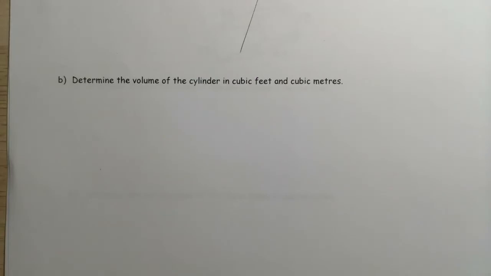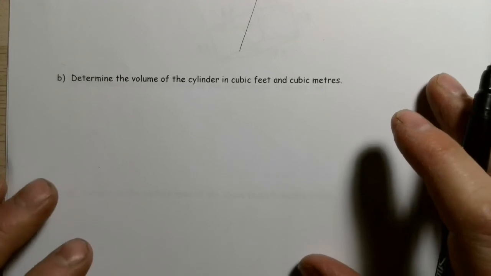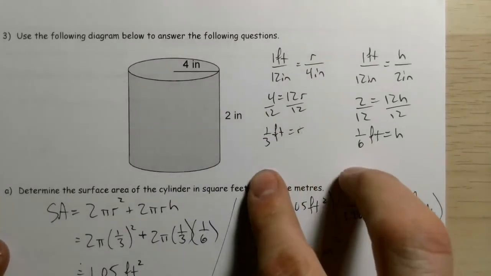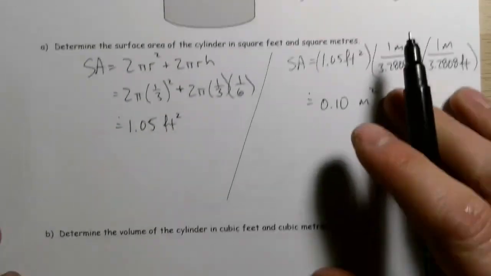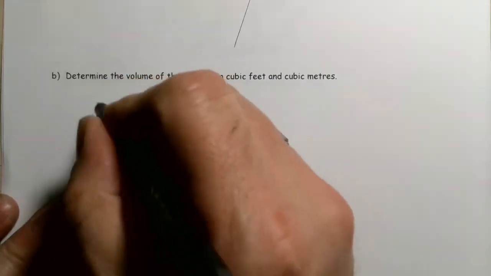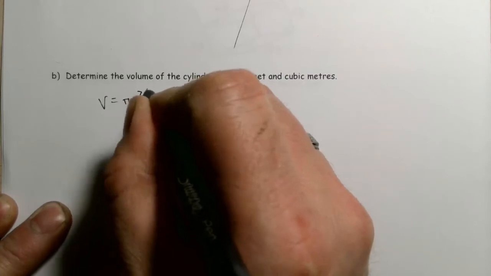Now, determine the volume of the cylinder in cubic feet and cubic meters. Basically we would do the same sort of thing here. This is going to be a little bit quicker because I've already done the groundwork. We've converted the radius into feet, and we've converted the height into feet. So the volume of a cylinder is pi r squared height.